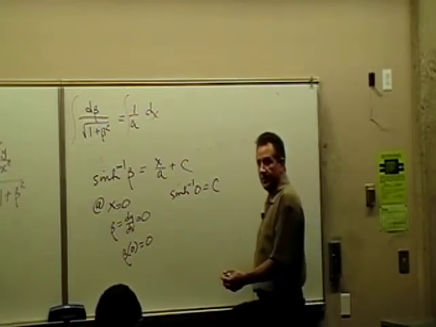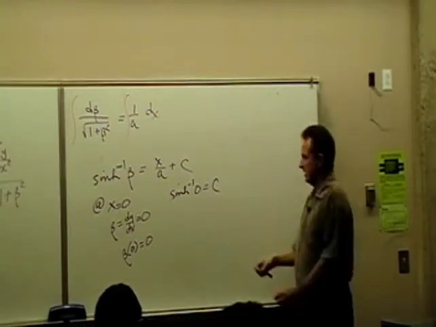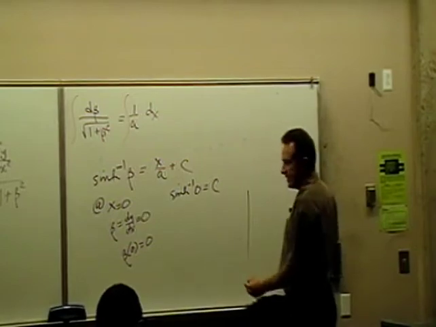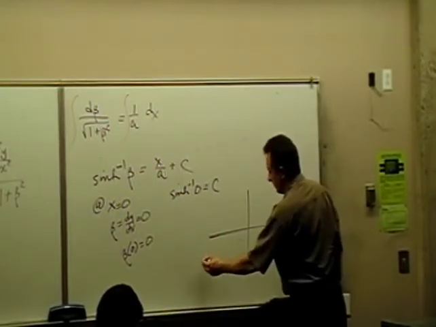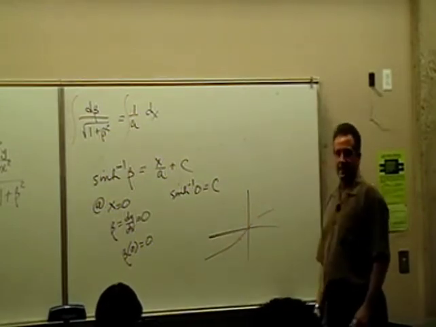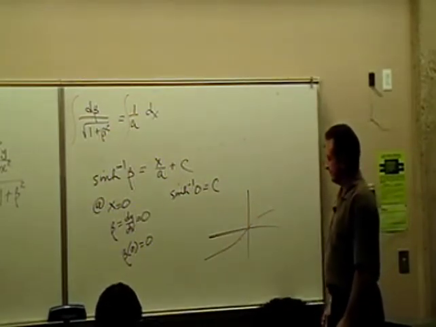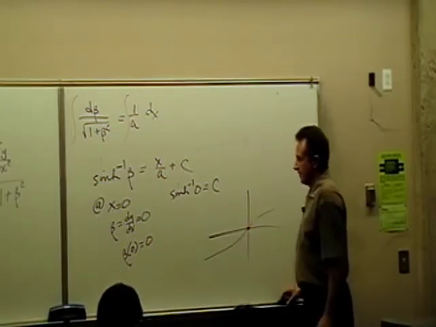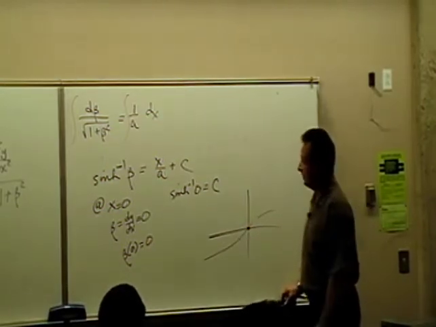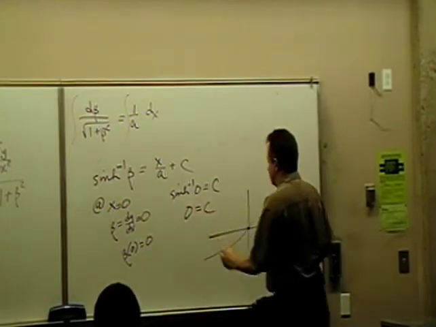Good. Anybody know how the inverse hyperbolic sine works? No? Looks something like that? Or did I have it wrong? No, that's right. So at 0, the inverse hyperbolic sine is 0. So you have 0 equaling c.